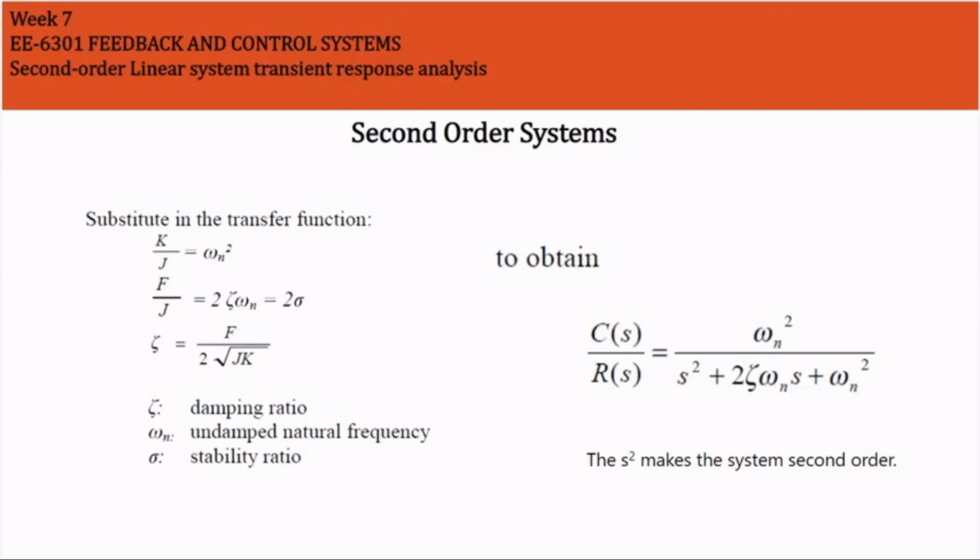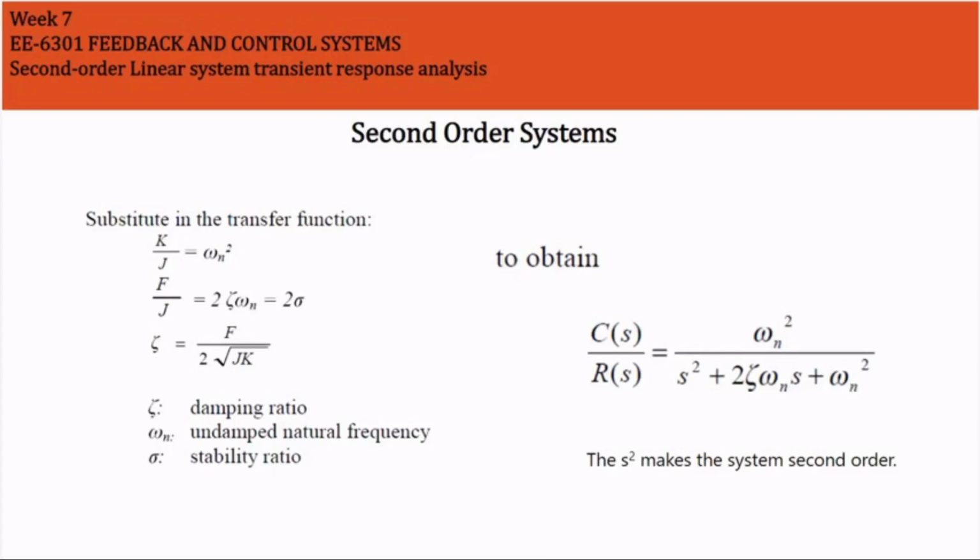Then what are the equivalencies of that? Our zeta, the cursive C, is equal to the damping ratio. Then omega n is the undamped natural frequency. Then our sigma is the stability ratio.